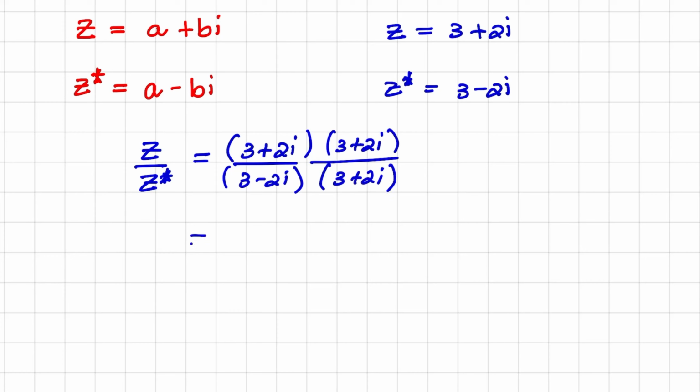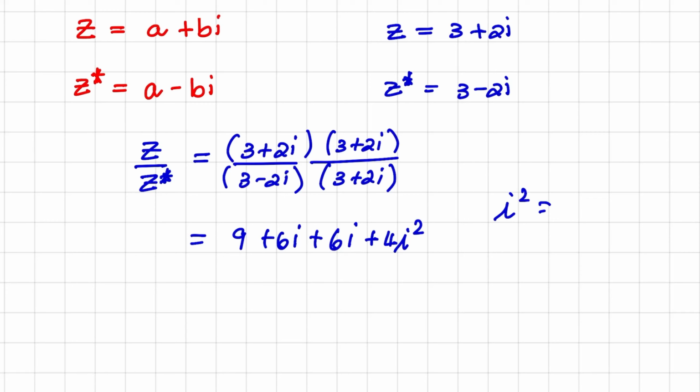And when I simplify that, remember, I simply need to multiply out the parentheses, as I would do normally in algebra. So in the numerator, I have 3 times 3, which is 9, plus 3 times 2i, which is 6i, plus 2i times 3, which is 6i, plus 4i squared.